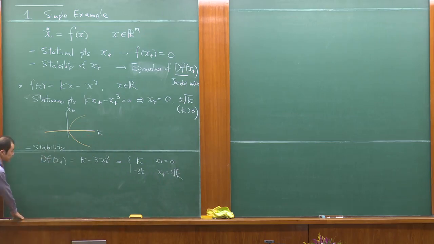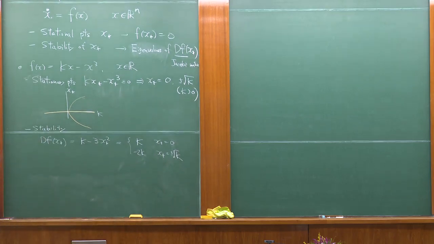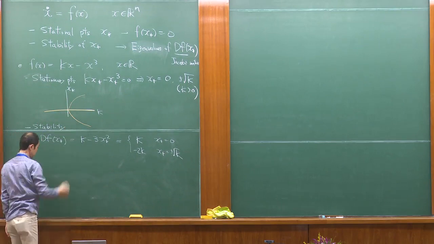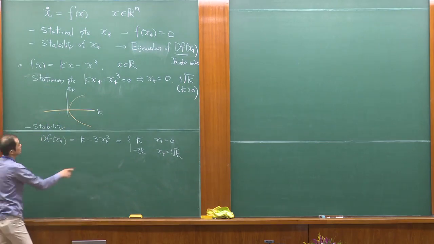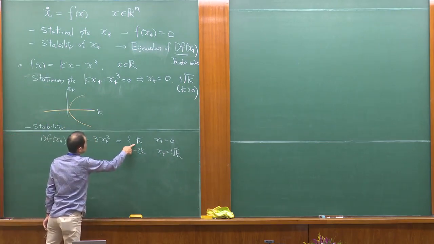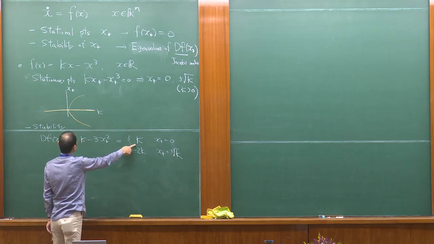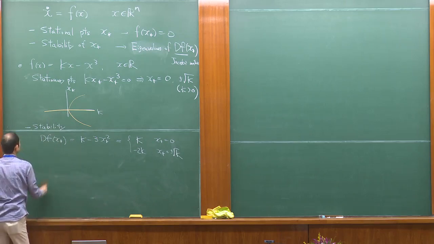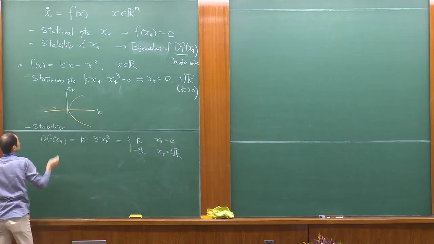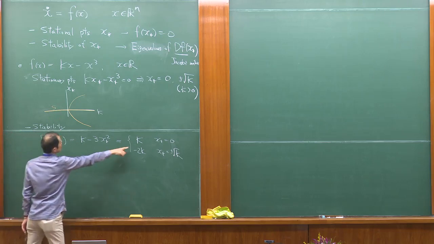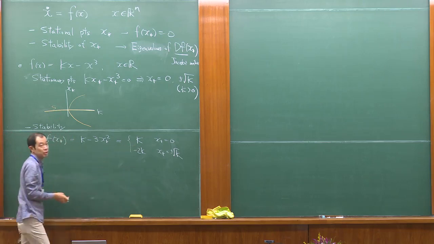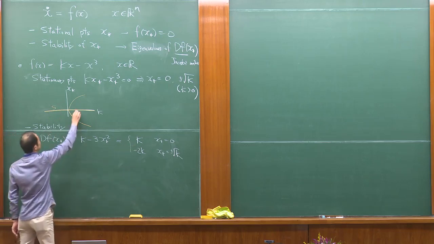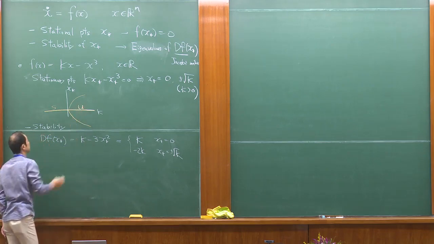So now we can understand the stability of these branches. Where is it stable? x star equals 0 has a derivative k, and for k negative it is stable. And for k positive, it has a positive derivative, so it is unstable.